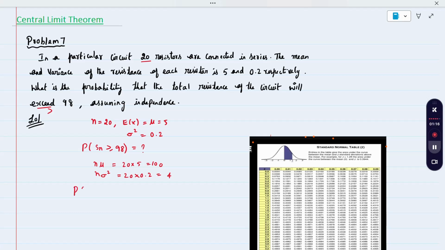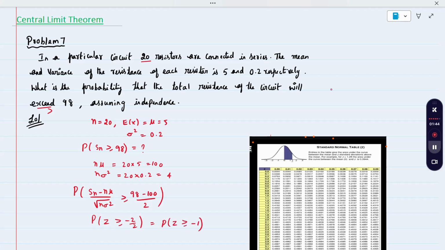So now the probability of (Sn minus n mu) divided by root of n sigma squared being greater than or equal to (98 minus 100) divided by root 4, which is 2. When I convert it, the probability of Z is greater than or equal to minus 2 divided by 2, which is the probability of Z greater than or equal to minus 1.